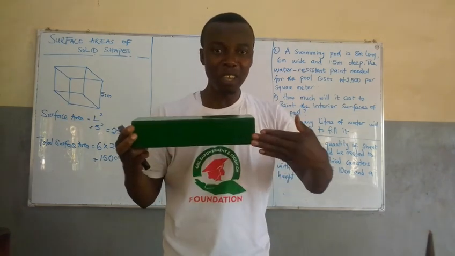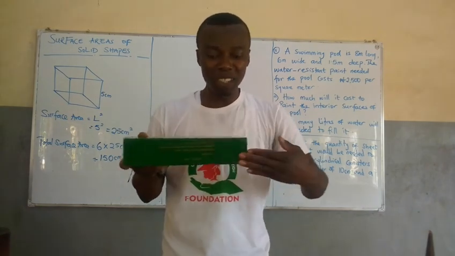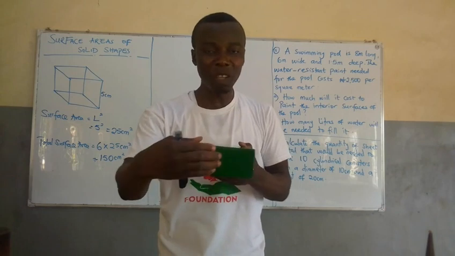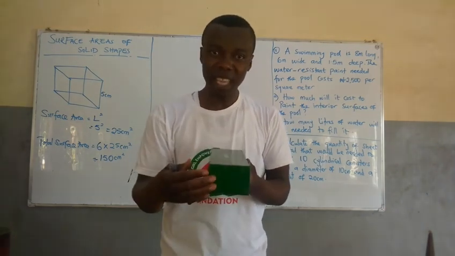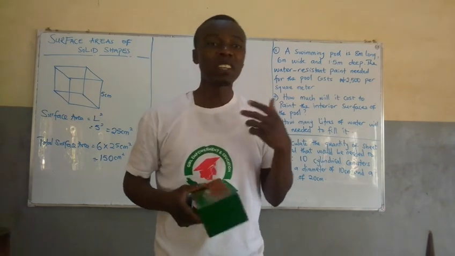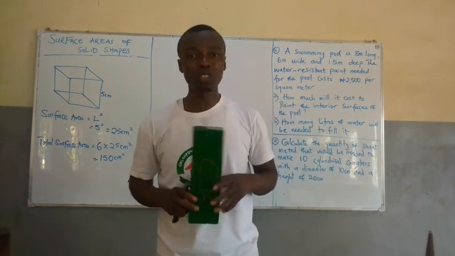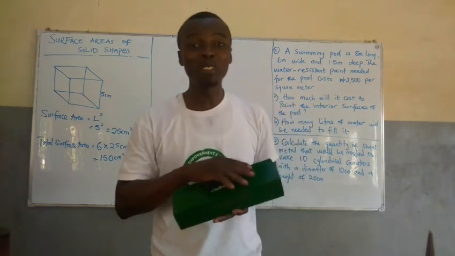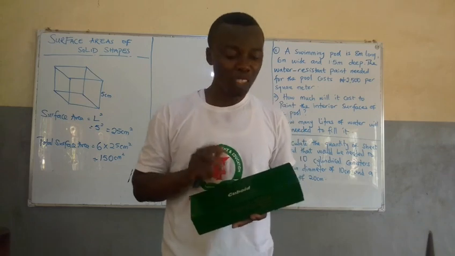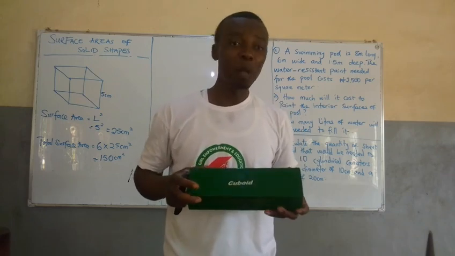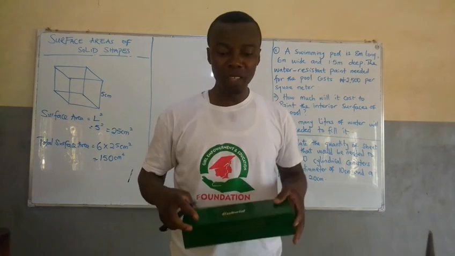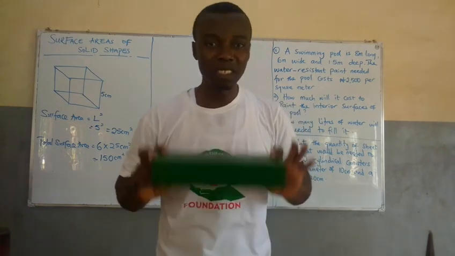Why? This surface area is the same as this surface area. And finally, this surface area is the same as this. So if you are told to find the surface area of this cuboid, you have to be mindful of the dimensions. And that will help you find the total surface area of this cuboid.